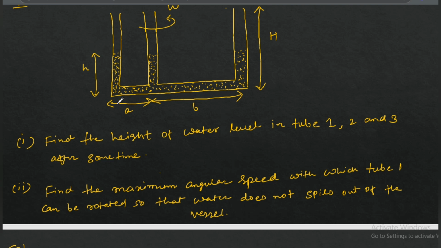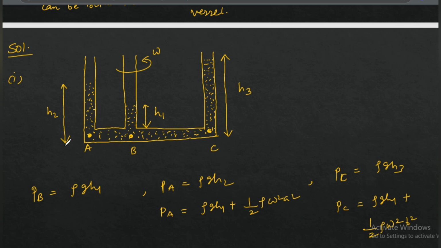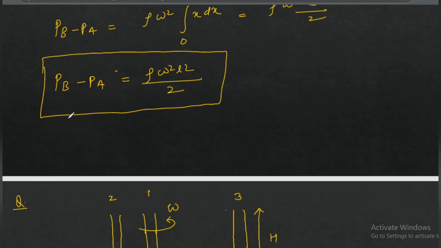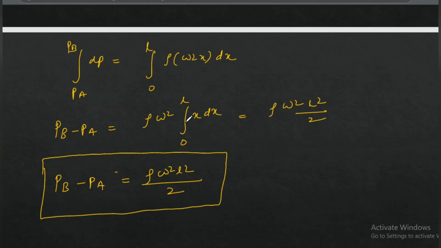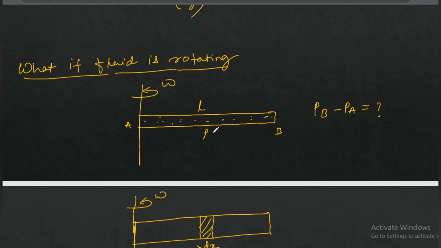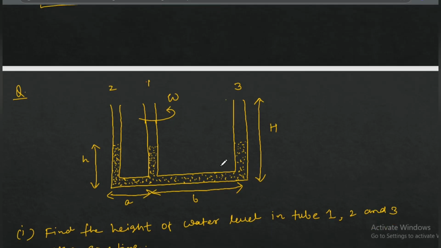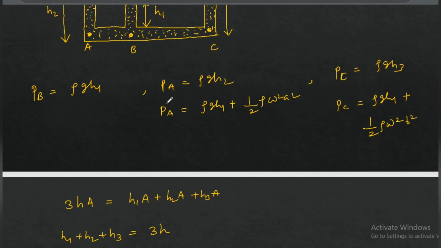This is rotating, and this is like a tube of length A. So the pressure here will be larger. The pressure at point A is larger by half rho omega square A square, just like the result rho omega square L square by 2 for that question. We can use that result here also. Therefore PA will be rho g H1 plus half rho omega square A square, right?